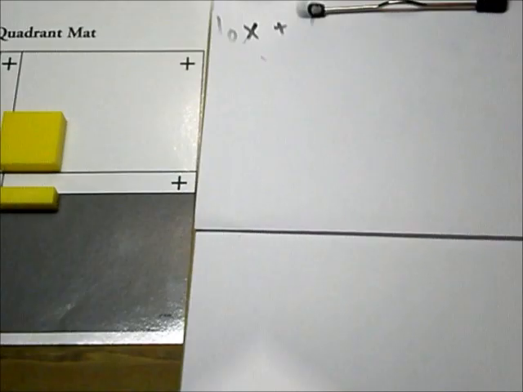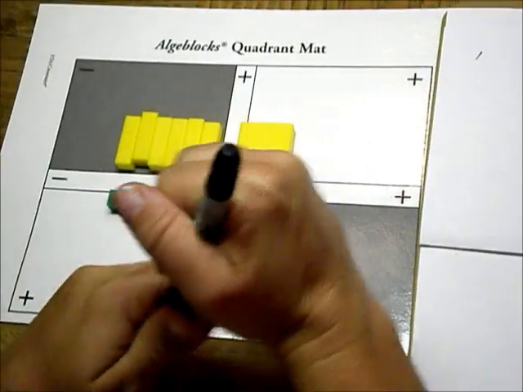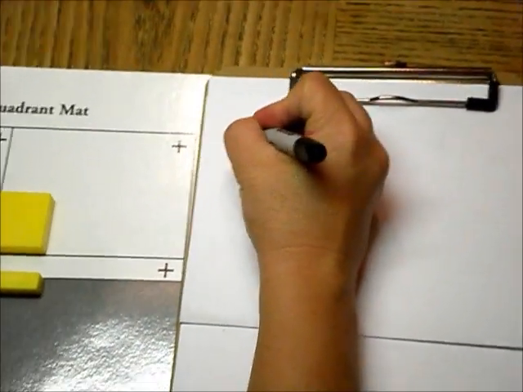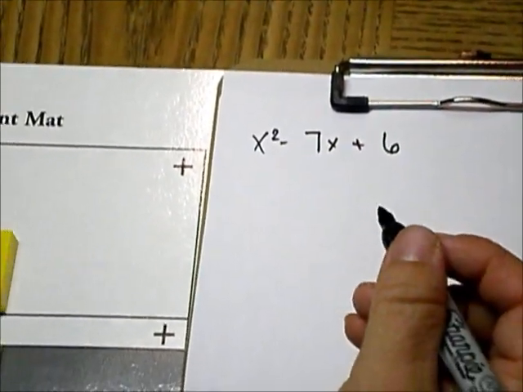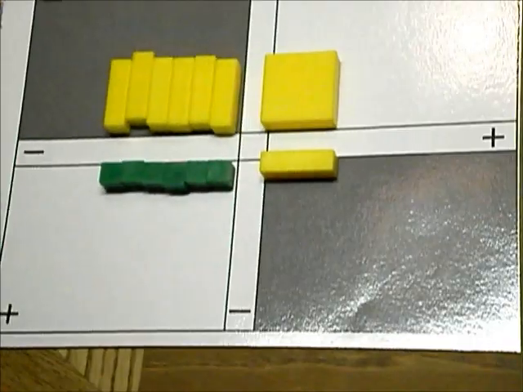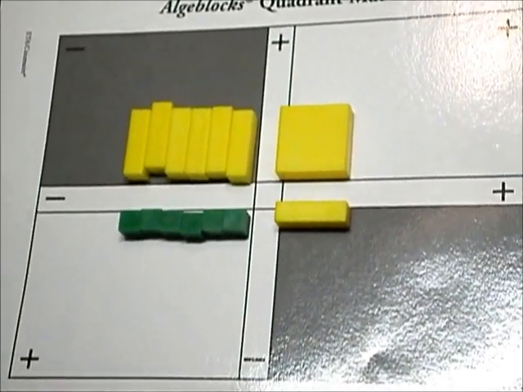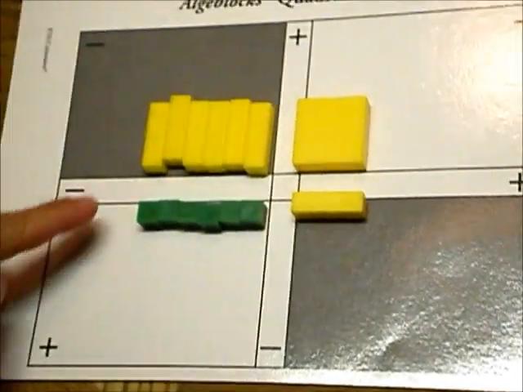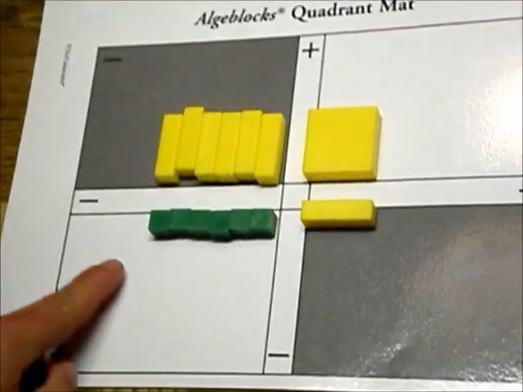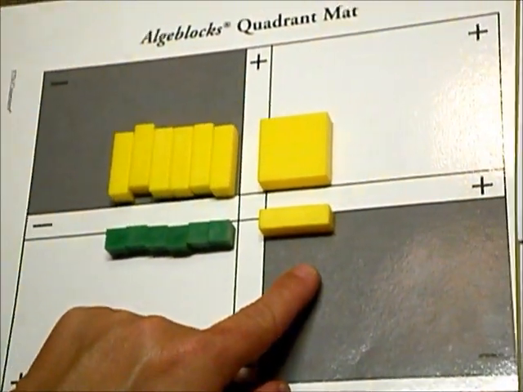What happens when the middle term is negative, as in x squared minus 7x plus 6? The 7 sticks must be in the negative area of the quadrant mat. And you can see that this one is set up slightly different than any we have seen. But again, if you bring all the blocks together, they must make a perfect rectangle. You can see along the side we have x minus 1 and x minus 6.